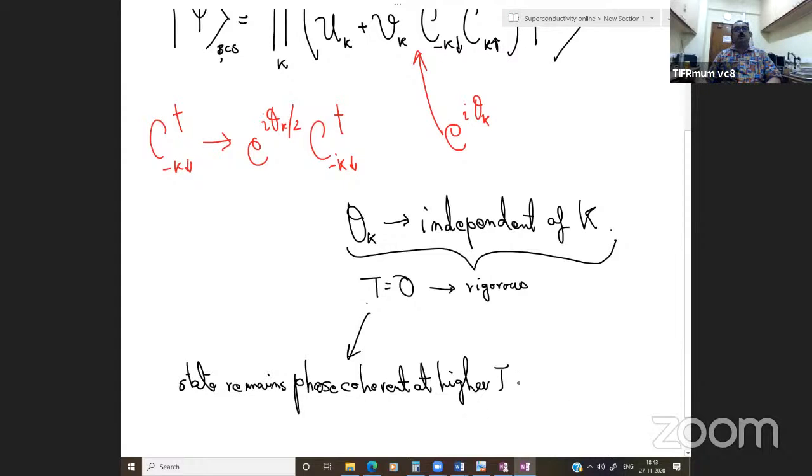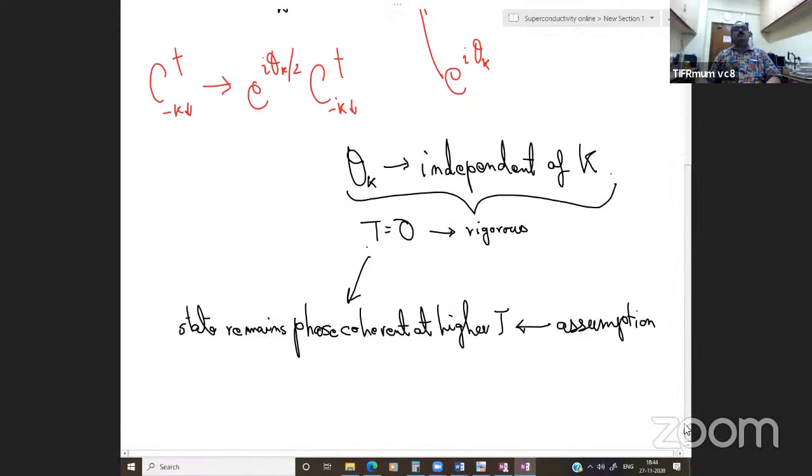Now this part you have to remember is an assumption. Why should the phase remain coherent at higher temperature?